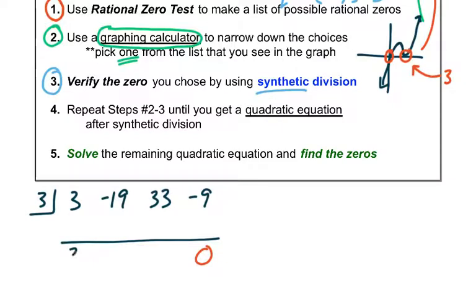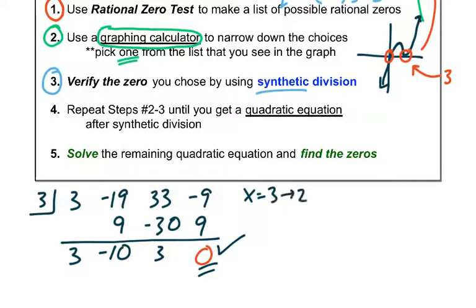We bring down the 3, we multiply, add down, multiply, add down, and multiply, and what do you know? It's an actual zero. We got a remainder of 0, so we can say that x equals 3 is a zero. We can also say it's a solution. We can say that x minus 3 is a factor. A lot of things come out of this. That's pretty cool. So we checked it, it worked, verified it.